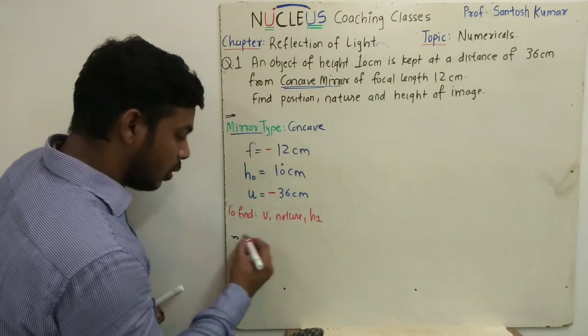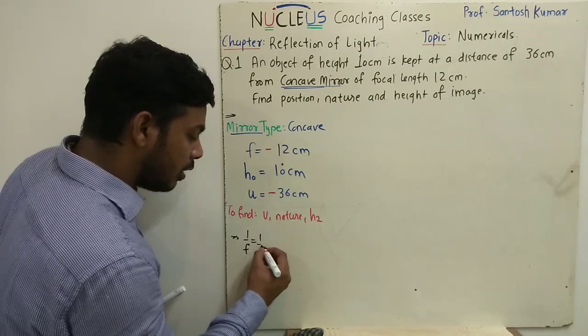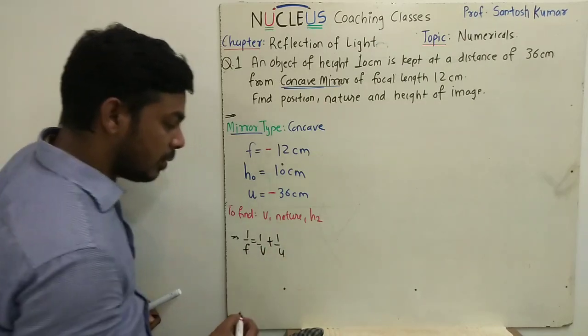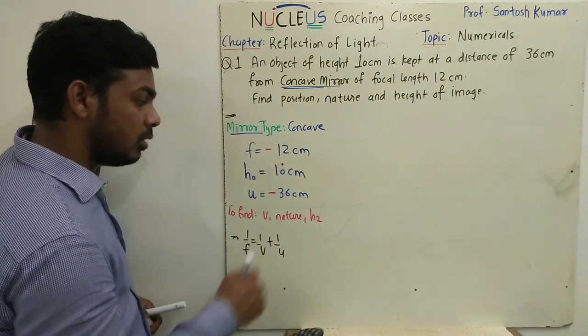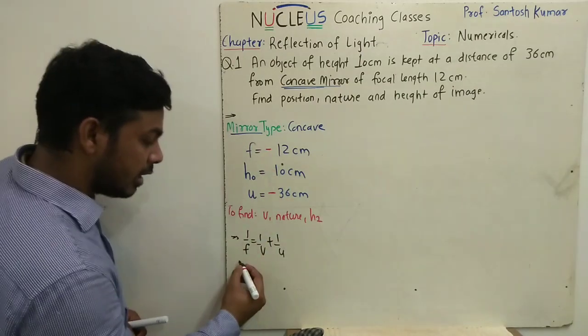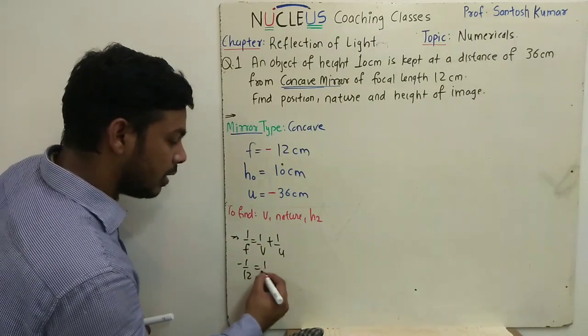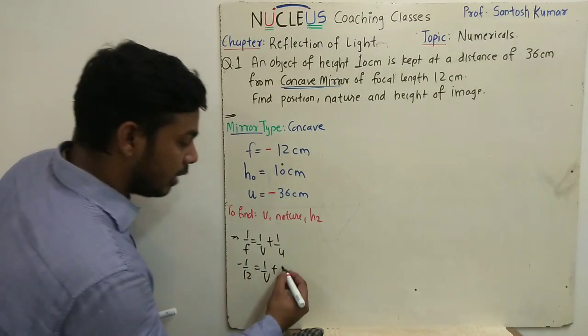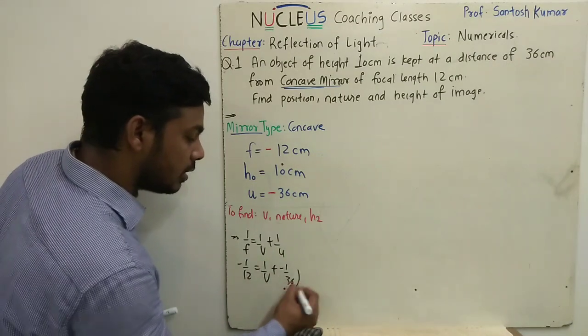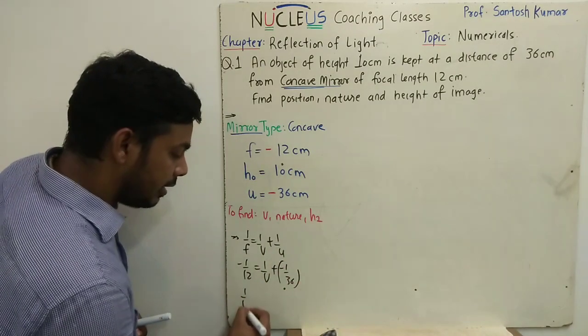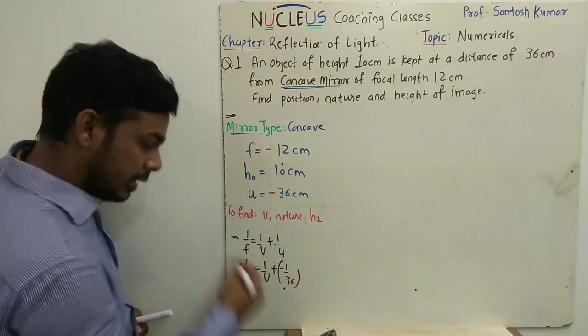So I can simply solve 1 upon f equal to 1 upon v plus 1 upon u, substituting values using the sign convention. So what is f over here? Minus 12. And the value of u is minus 36. To calculate v, I can shift this to the left hand side.